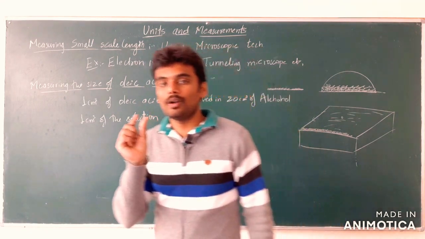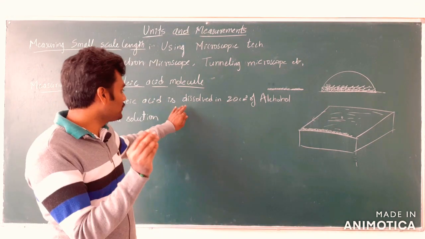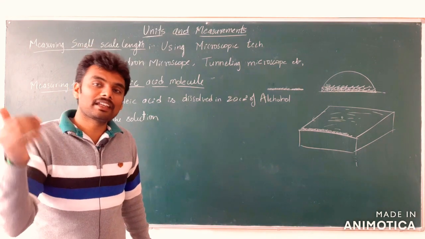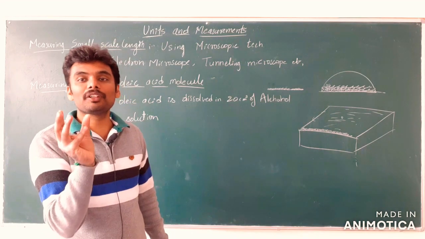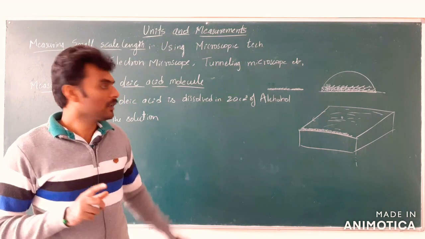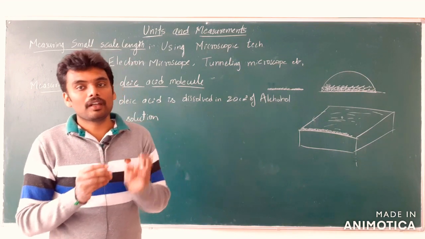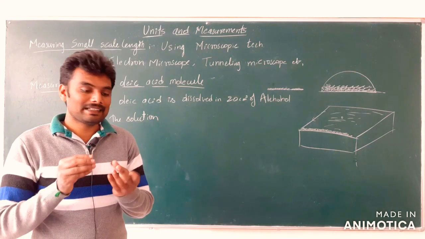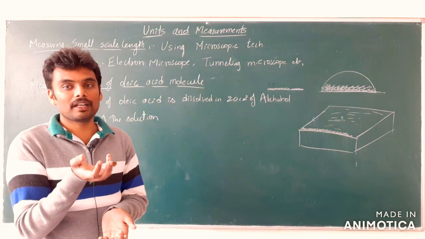If I take a certain quantity of this solution, the volume of oleic acid inside it will be 1 by 20 times the total volume. Following? Since I have dissolved it in 20 centimeter cube of alcohol, I get 1 by 20 times the volume of oleic acid inside whatever volume of the solution I take.